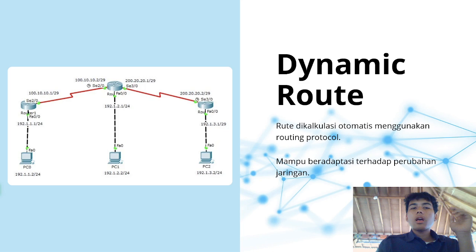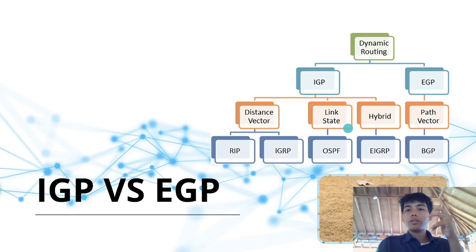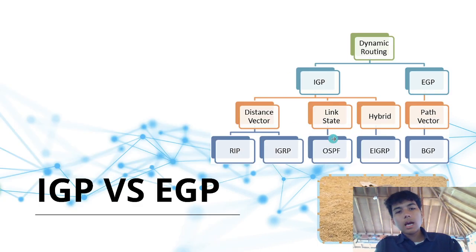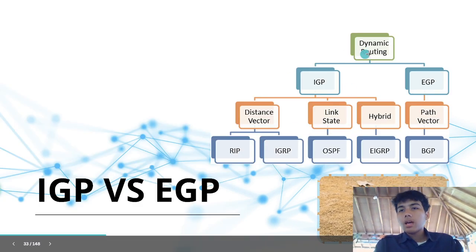Dynamic is automatic and can adapt when there is an error.